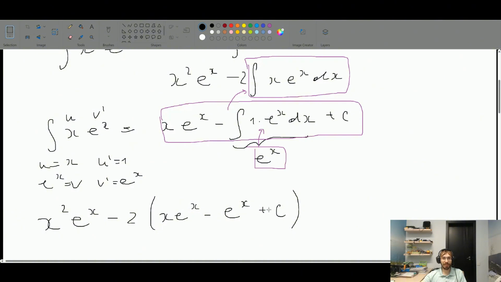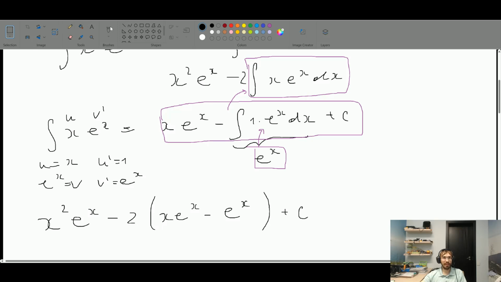Plus c I can actually put outside of the brackets completely, because if we multiply some constant by 2, we still get a constant. Since c is any number, it is not changed if you multiply it by any other constant.